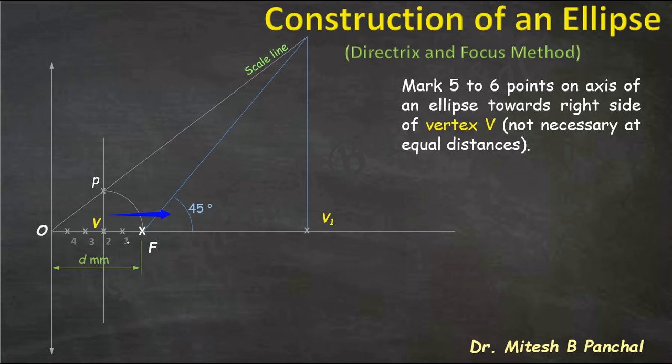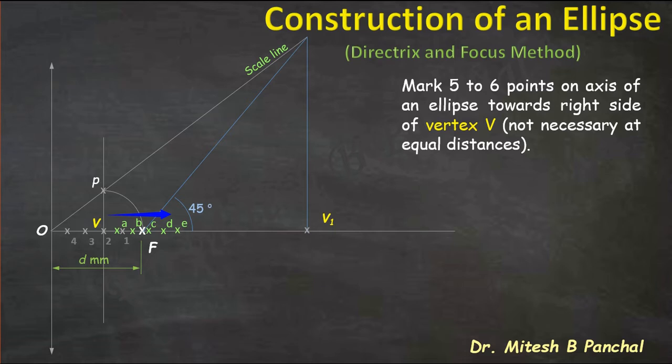Whatever points we mark on this axis, it is not required to consider equal distance. So we will randomly mark 5 points, and of course we have to name all these points. So we are considering them as A, B, C, D and E.